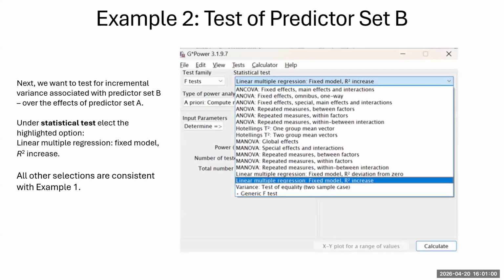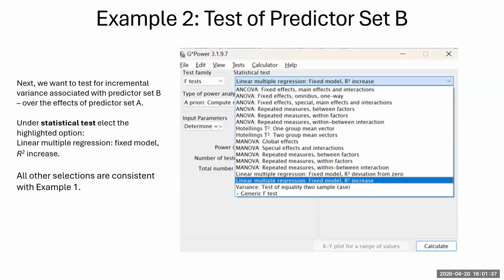Okay. Now, in our second example, we're going to test the incremental variance associated with predictor set B over predictor set A. For those of you familiar with the concept of hierarchical regression analysis, you'll recognize this example. This is a case where we have an initial model, predictor set A, which has 3 predictors in it, and then we want to test for the incremental variance of 2 additional predictors.